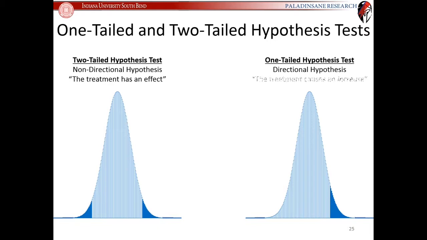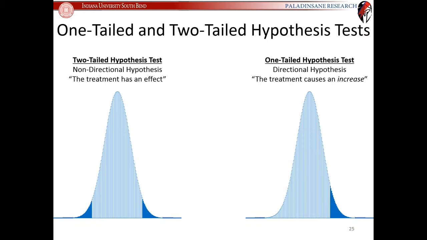So for example, we might say the treatment causes an increase. That might be the question we're asking. Does this treatment cause an increase? So does a particular treatment cause an increase in self-esteem? Does a particular treatment cause an increase in people's ability to navigate a room?